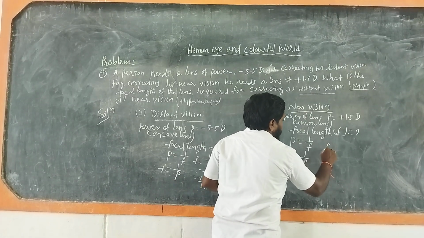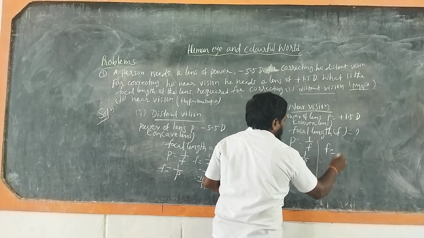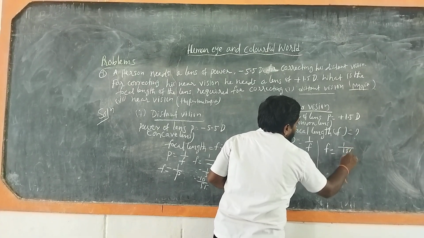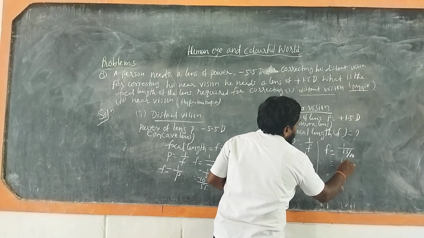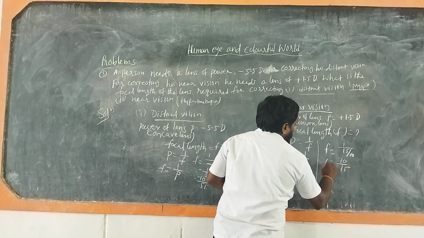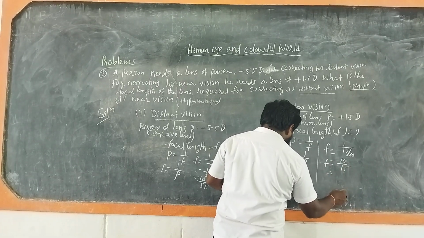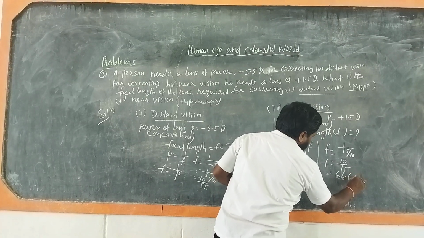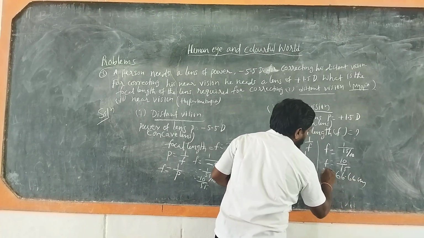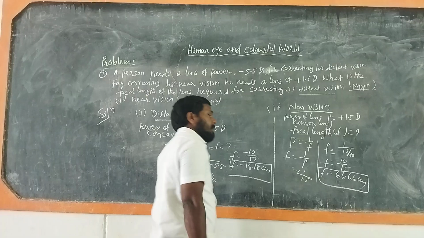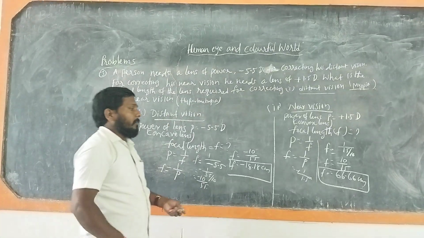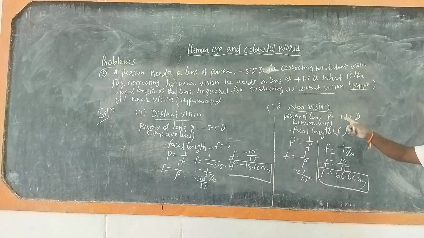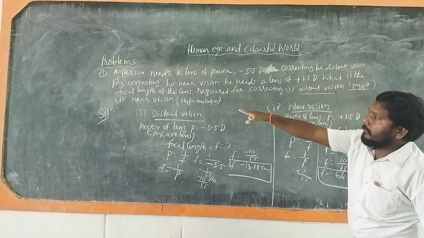So F is equal to 1 divided by 15 by 2, that is equal to 10 by 15. After the division you get 16.66 centimeters. 16.66 centimeters is the focal length of the convex lens used for correcting near vision.